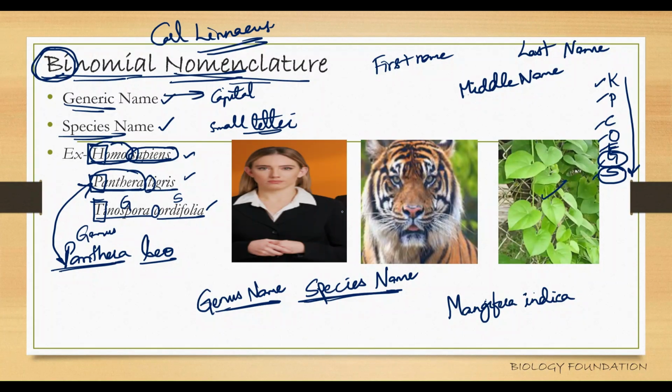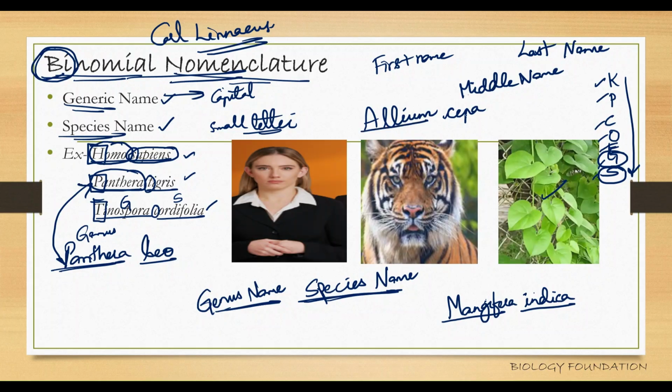When you are writing the scientific name of any particular living organism, then the generic name and the species name should be underlined separately, not as a single line, separately. Okay. Now onion, what is the scientific name? Allium cepa. Okay. Allium is the generic name, so A is capital. Cepa is the species name, c small letter.